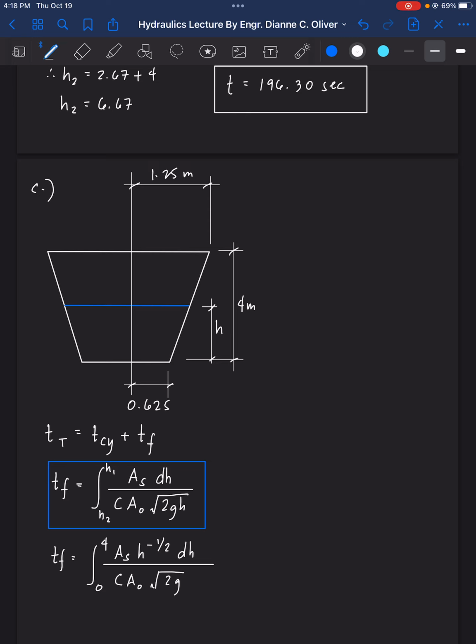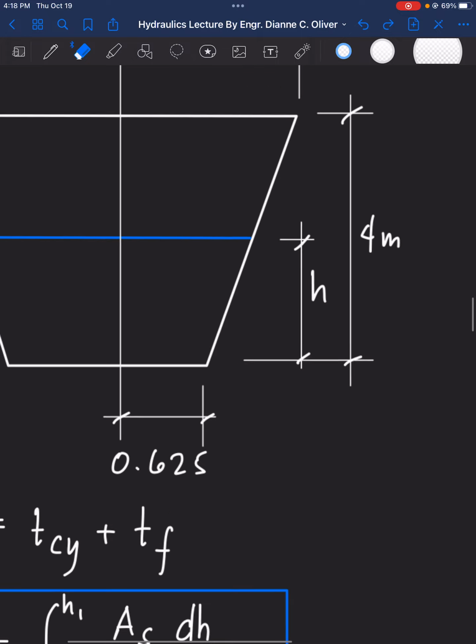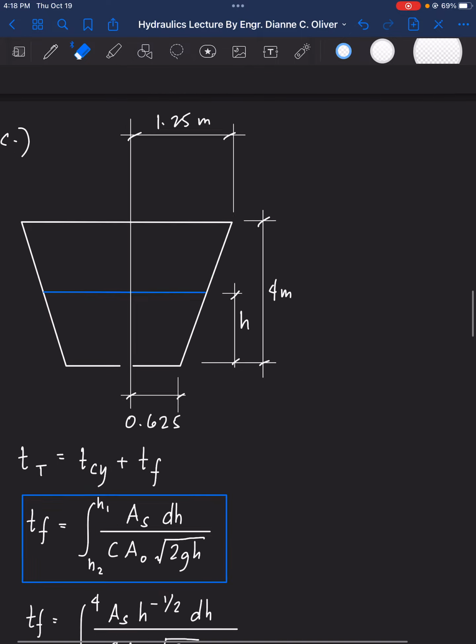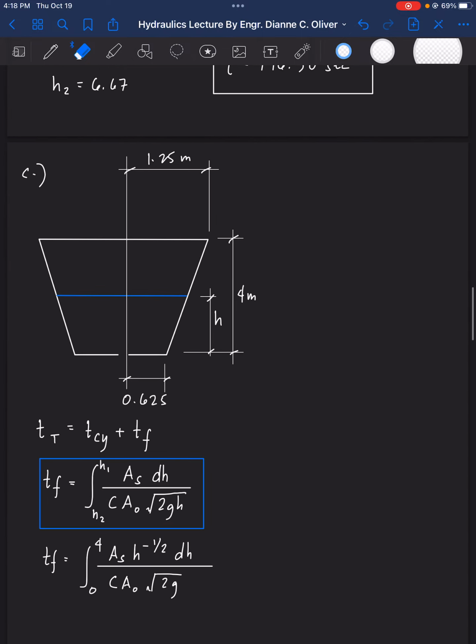And if this H is changing, because as time passes by, due to the presence of the orifice at the bottom, the water goes out from the container, and as the surface goes down, H goes down, and the radius is also going to get smaller.